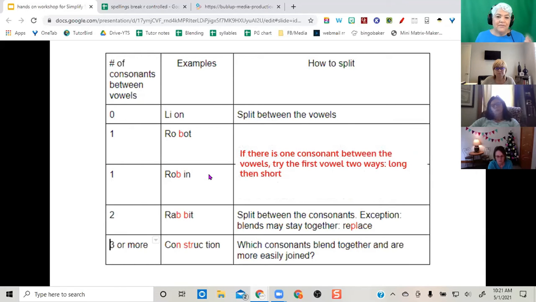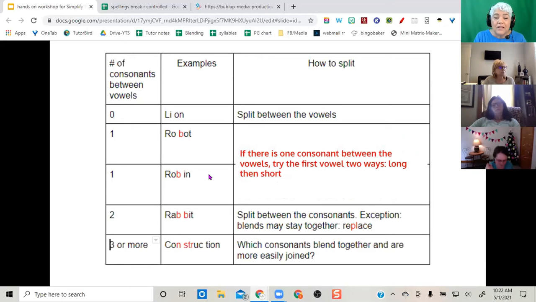So I've tried to conflate all of that and just say, if there's one consonant between the vowels, try the preceding vowel sound two ways. Try the long one first, then try the next one. See which one works.